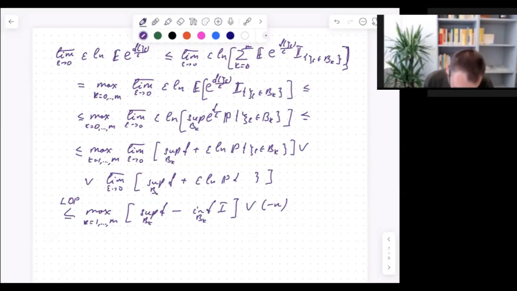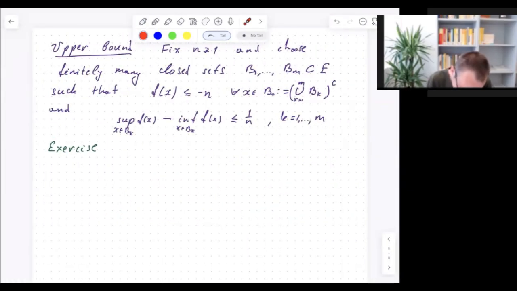Okay, now we need to do that with the difference of supremum f minus infimum I. But first of all, you see that we choose the closed set bk in such a way that the oscillation of the function is not large.